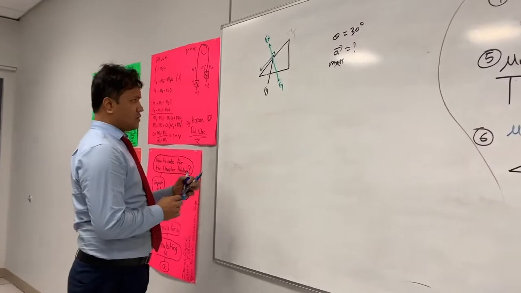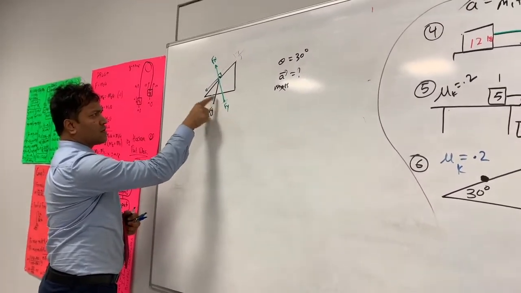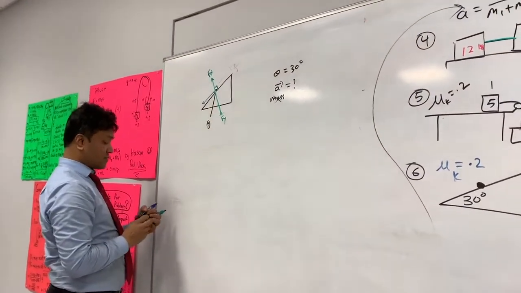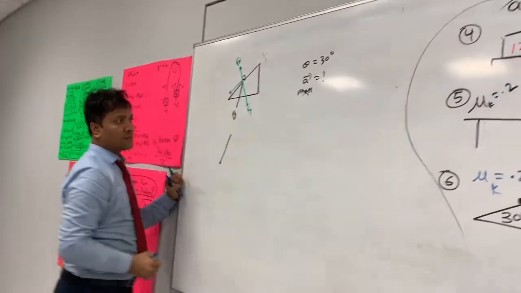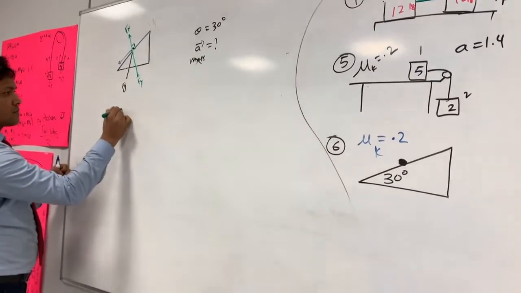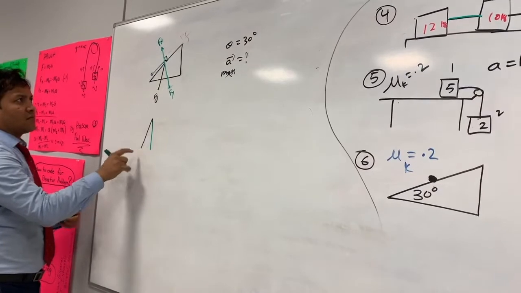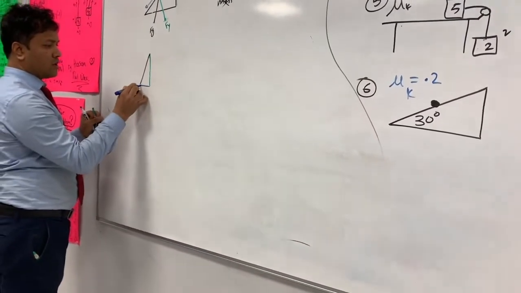Okay. So now I'm gonna bring these three, the black, the green, and the blue, down here. Let's first draw the black one, then the green one, and then the blue one.